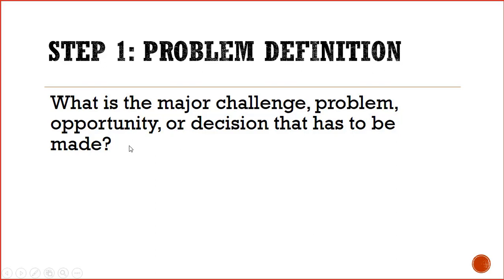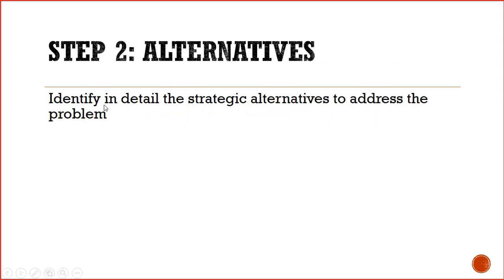I already told you the research problem has to be noted down. What is the problem being faced by this company and what is the root cause of it? This has to be defined. This has to be found out from the case itself. It is not easily available. Then alternatives. Now that you have identified the root cause, you have to give the alternatives.